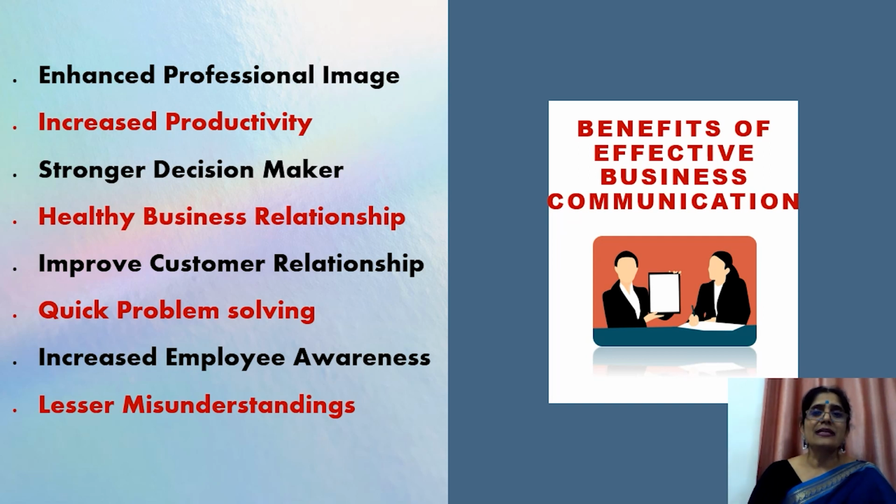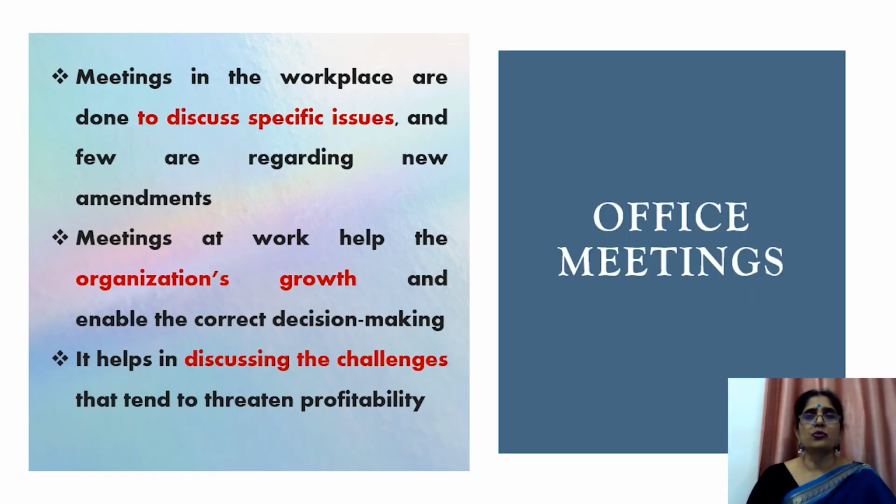Next important point, what do we mean by office meetings and how does effective business communication help in dealing with office meetings? Generally, a meeting is a workplace setting where we discuss specific issues regarding some amendments, for organizational growth.